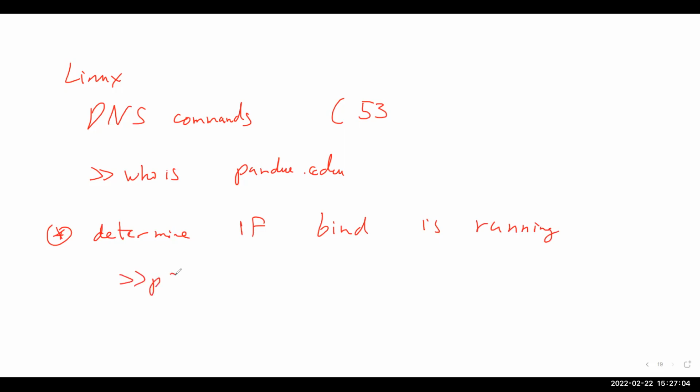You can do ps ax, pipe it into grep, and then just say named. So this will give you the list of all the processes that are running, and then you pipe it into grep and look for the word named.